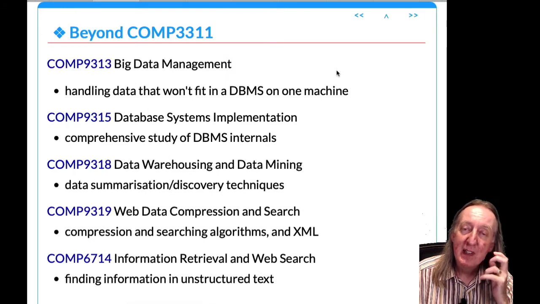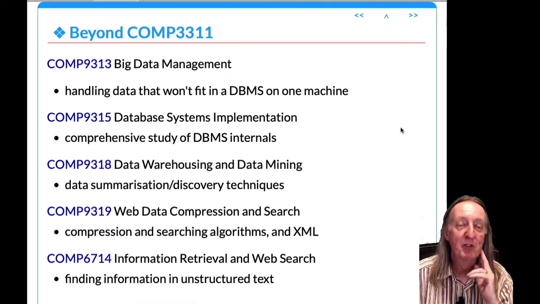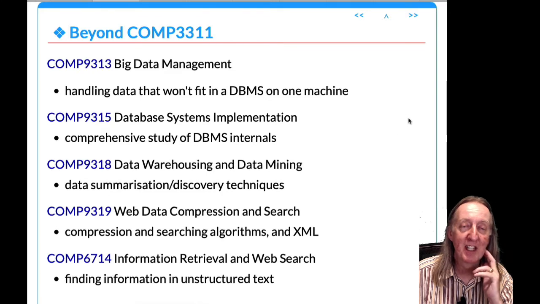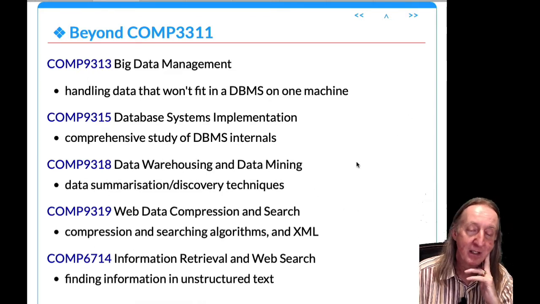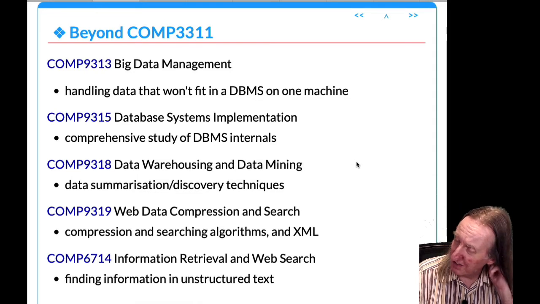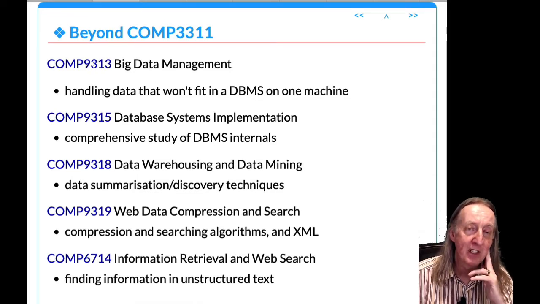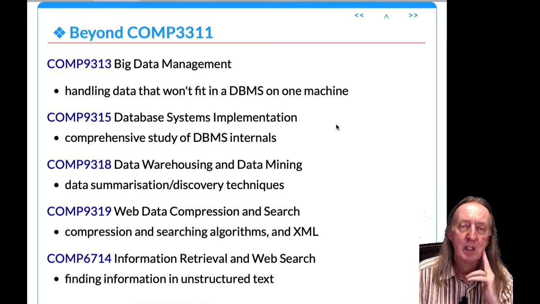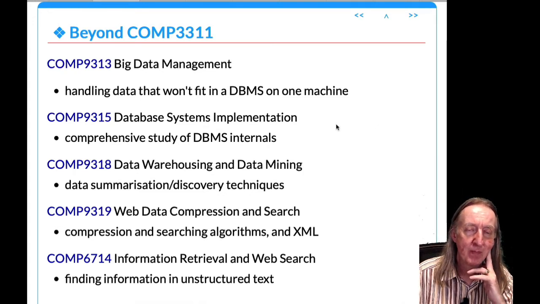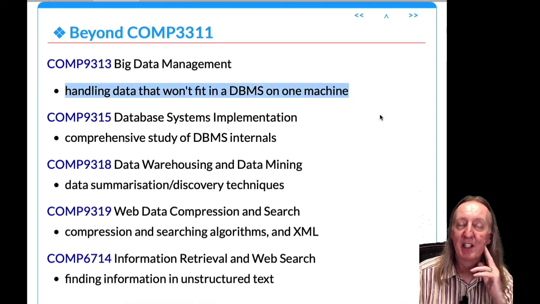Okay, so if you loved 3311 so much and now you're in love with databases, here's a bunch of courses that you might think about doing. I think they're all running next year. We finally got someone to teach big data. Actually, this description of big data isn't quite accurate.